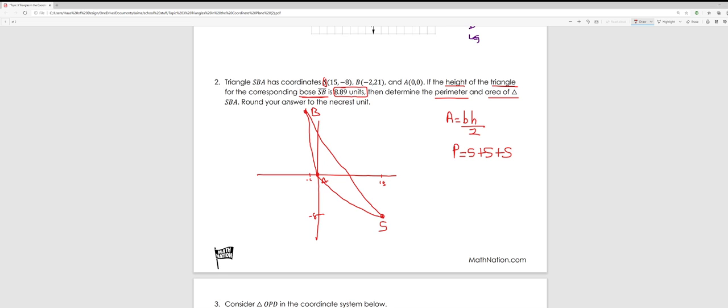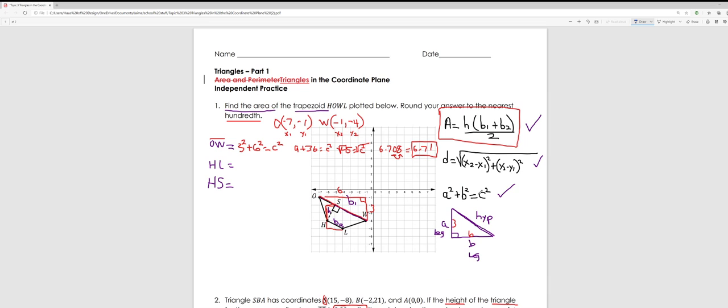Okay, so remember what they tell you. The base of this triangle is SB. So this is your base. And then the height, they give it to you. They give you that the height is going to be 8.89. So all you need to do to find the area is find the base, which in this case is BS. From B to S is your base. So you have to find the distance, and you're going to find it using the same formula.